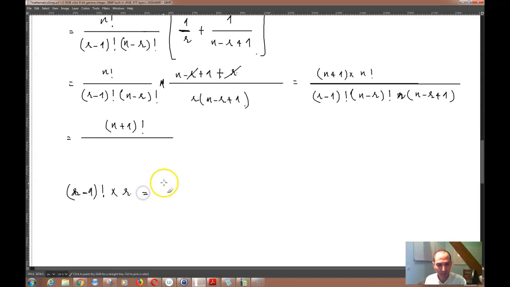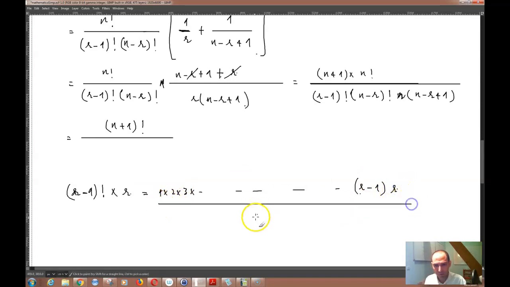So r minus 1 factorial is 1 times 2 times 3 all the way up to r minus 1, and if I multiply this by r, of course, this is simply r factorial. So r minus 1 factorial times r is just r factorial.